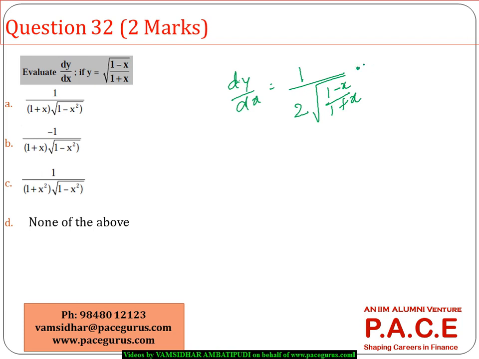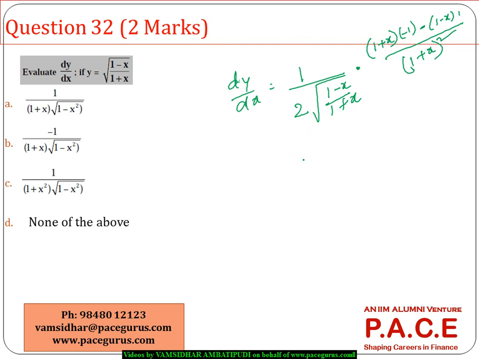It is of the form u by v, so v into the derivative of u minus u into the derivative of v, by v squared, 1 by (1 plus x) whole squared.